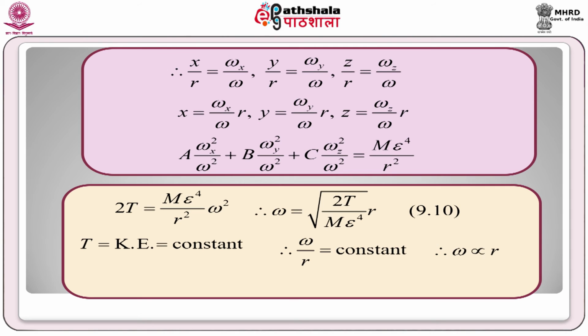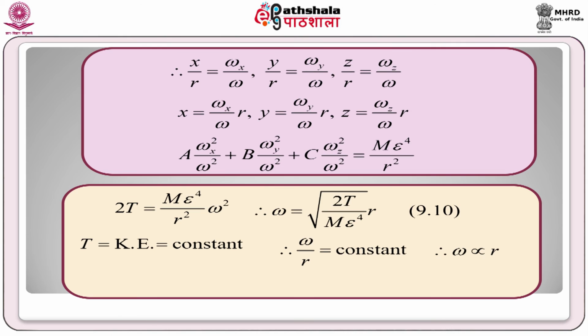If we multiply both sides by omega square, then the left hand side becomes capital A into omega x square plus capital B into omega y square plus capital C into omega z square, which is 2 into kinetic energy, that is 2T, and the right hand side becomes capital M into epsilon to the power 4 divided by r square into omega square. Please note that here x stands for suffix, omega x is the angular velocity about x axis.